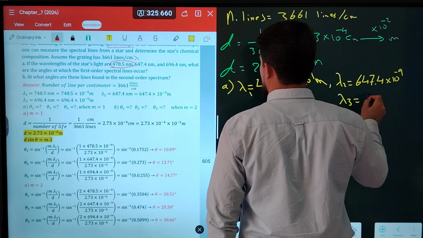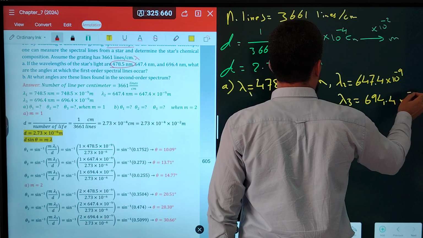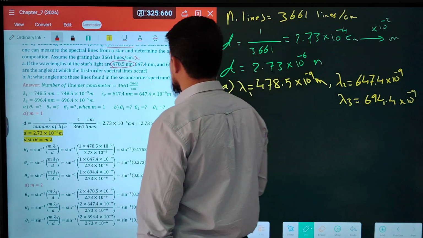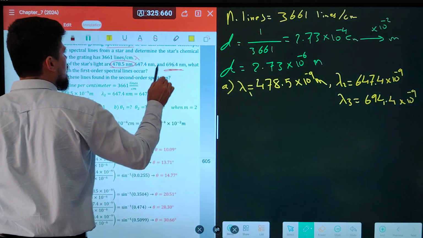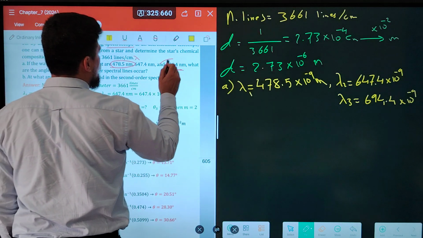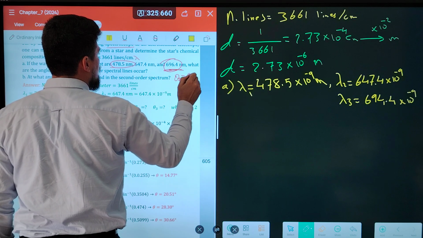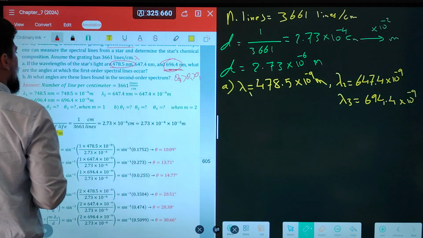And lambda 3 is equal to 694.4 times 10 to the power negative 9. So which one is the largest wavelength? This one, lambda 3. That is why theta 3 is bigger than theta 2 and bigger than theta 1.